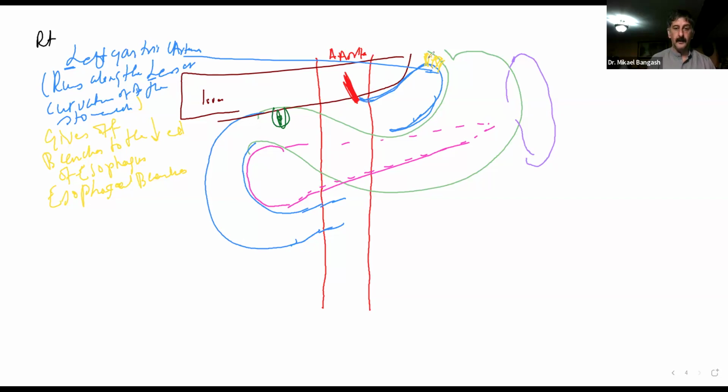And it gives off some branches up here to the lower end of the esophagus, called esophageal branches.